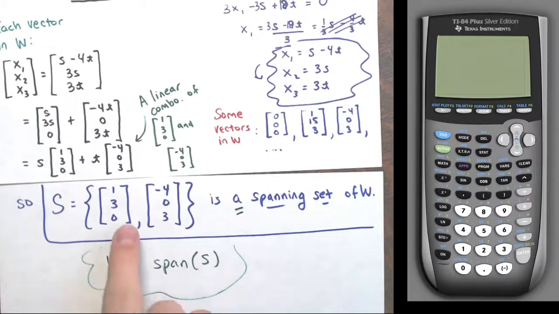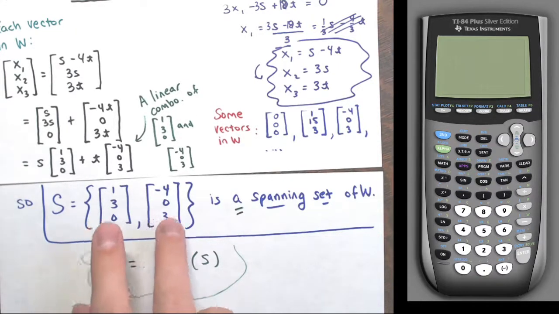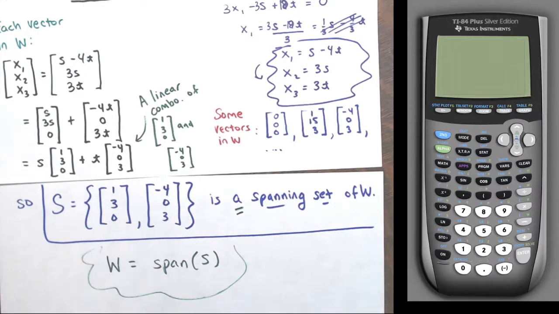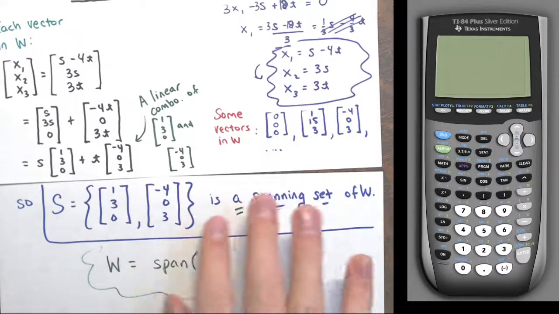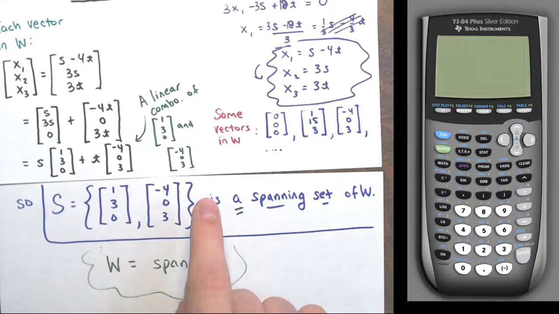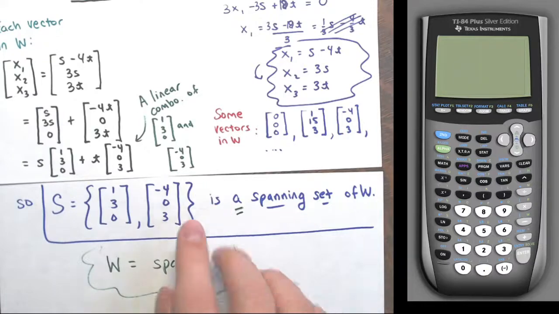Because if you're a linear combination of these two, you're also going to be a linear combination of any multiples of these two. And also, I could throw on more vectors as long as they're linear combinations of these. So if I were to put on, say, negative 3, 3, 3, which is the sum of these two, I could put negative 3, 3, 3 on here and have a set of 3 vectors that spans W as well.